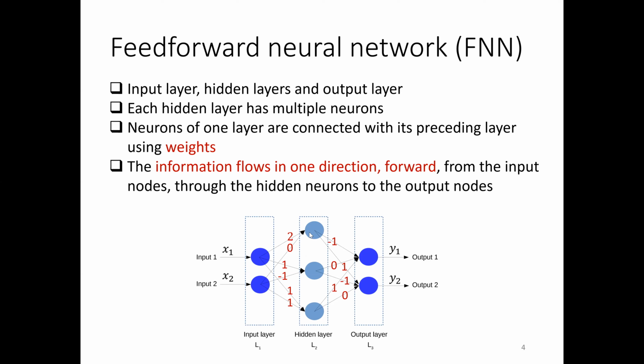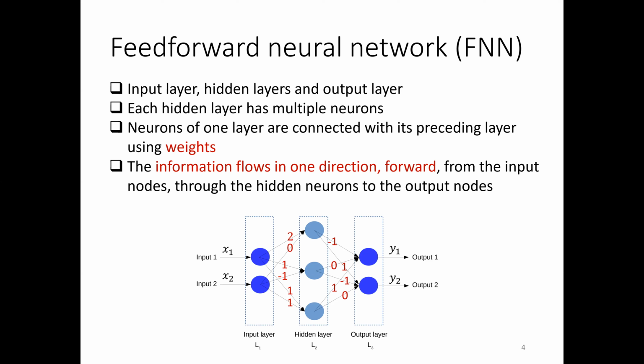Okay, so that's what the weight means. Yes, so what I mean is, like, the second neuron in the hidden layer means 1x1 plus -1 times x2, right? Yes.